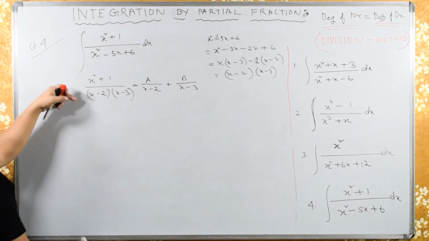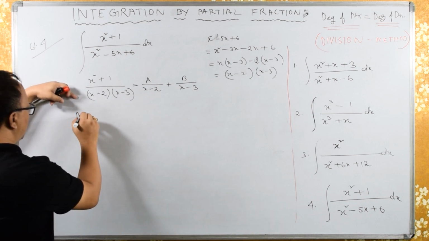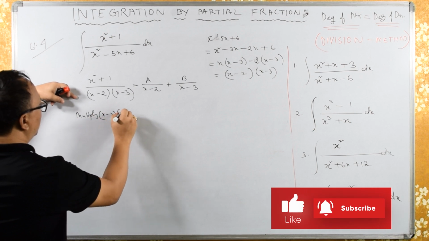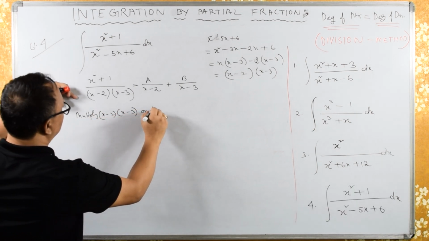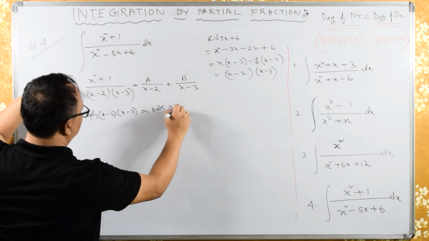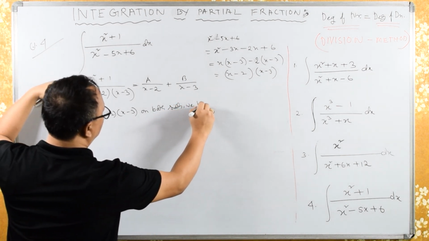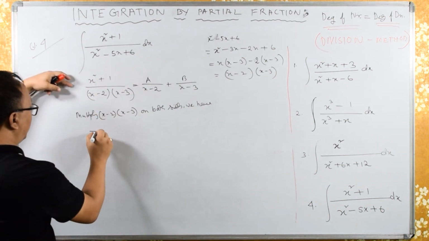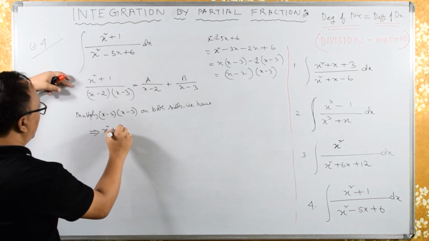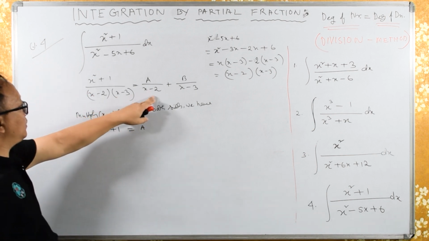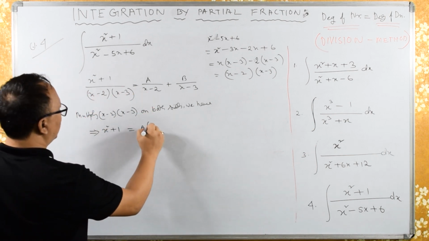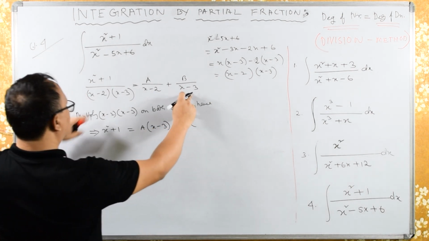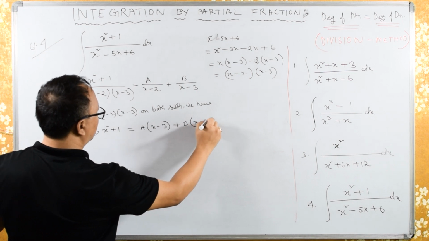Now multiplying x minus 2, x minus 3 on both sides, this gets cancelled. What we have is x square plus 1 equals a into x minus 3, plus b into x minus 2.